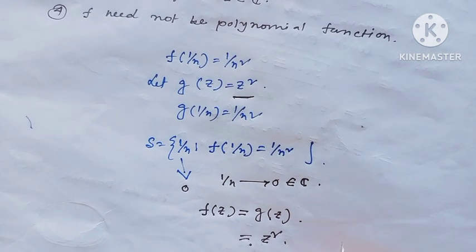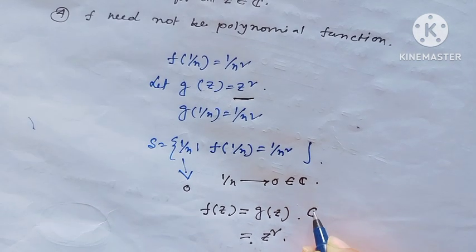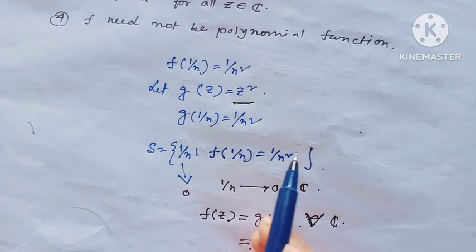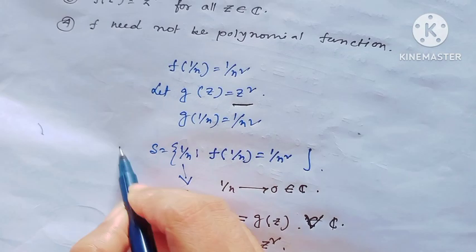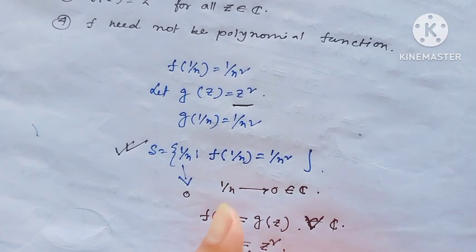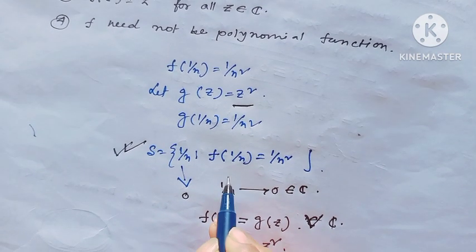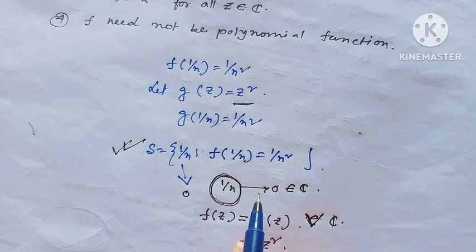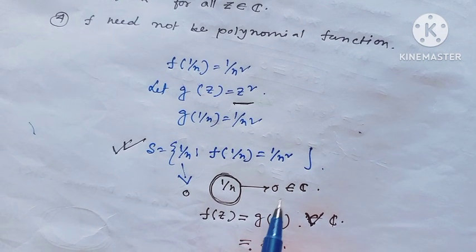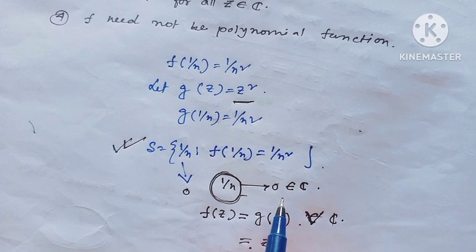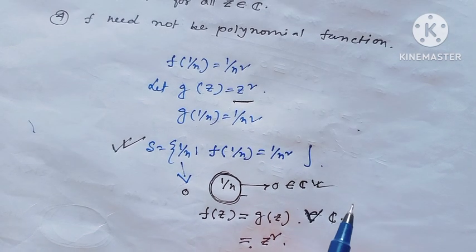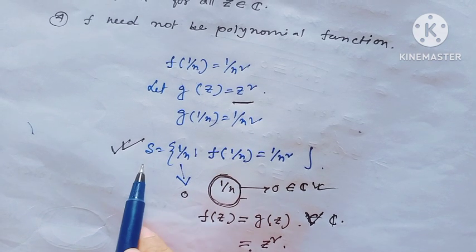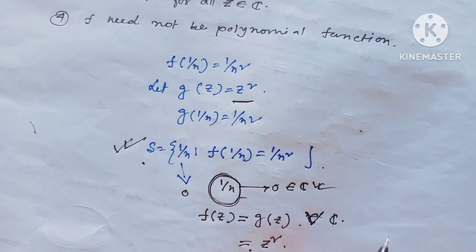So f(z) equal to g(z), and this is true for all complex numbers, because here f(z) equal to g(z) in the set S, and by the identity theorem, since the limit point, the sequence converges to the limit, and this limit point belongs to the domain, we can extend this set to the whole complex plane.